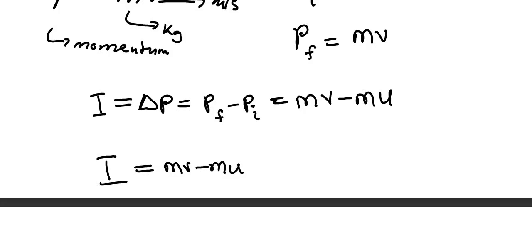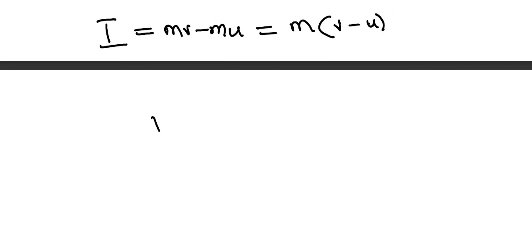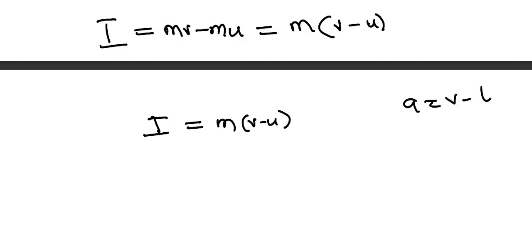Now, you know what acceleration was from your linear motion equations. Let me just write the impulse. Impulse, denoted by the letter I, is mass times final velocity minus initial velocity. I just factorized our mass here. Now remember, acceleration was equal to v minus u over t.